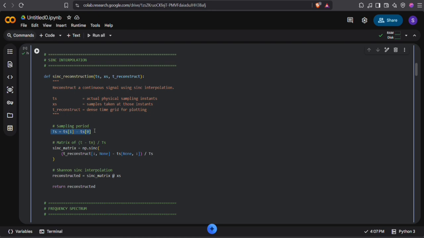Here, after obtaining the samples, I reconstructed the signal using sinc interpolation. The basic idea is that every sample is multiplied by a shifted sinc function.